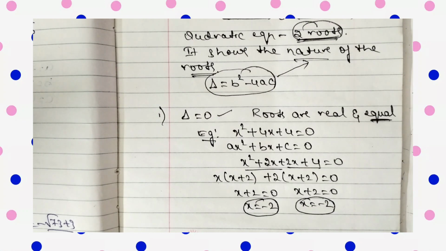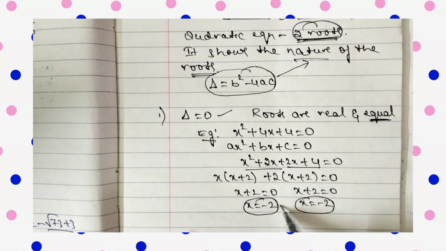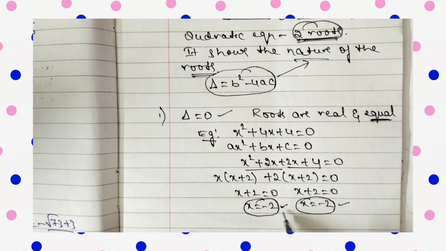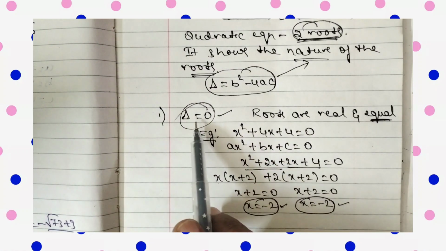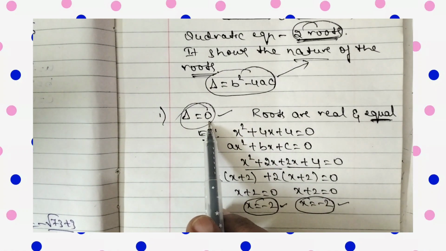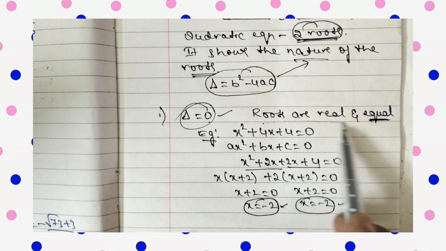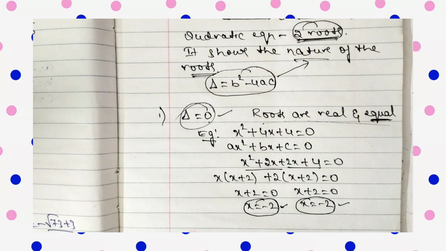So like this, if delta is equal to 0, the nature of the roots is real and equal.